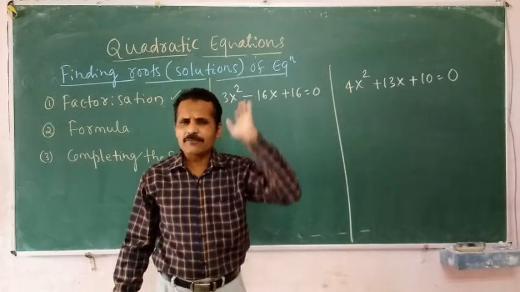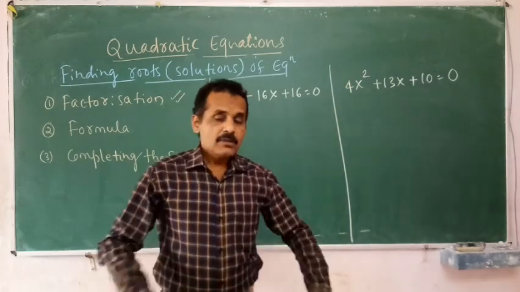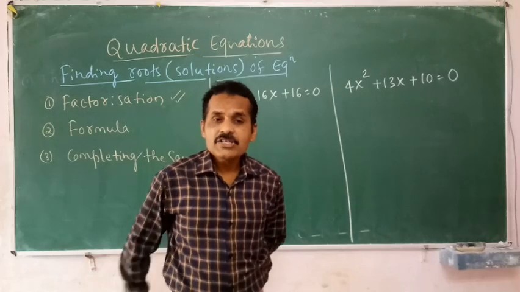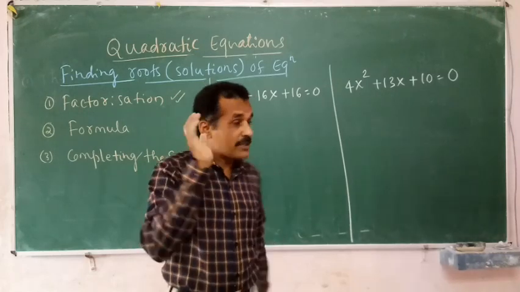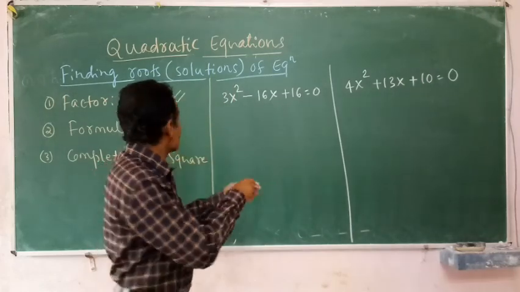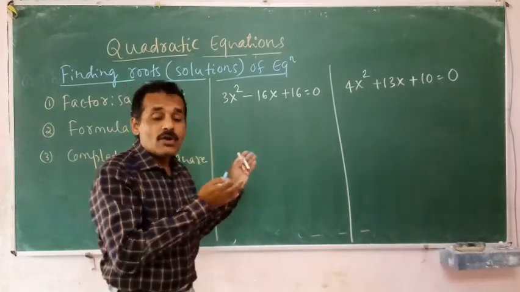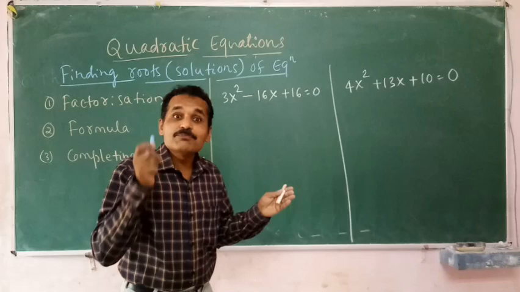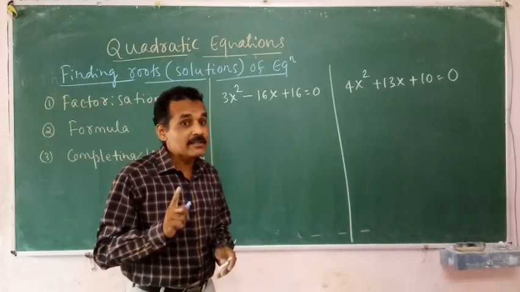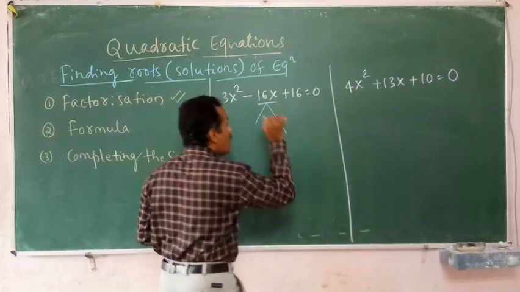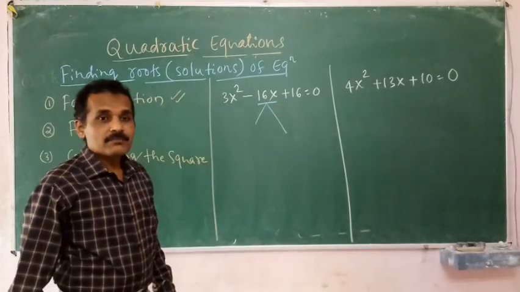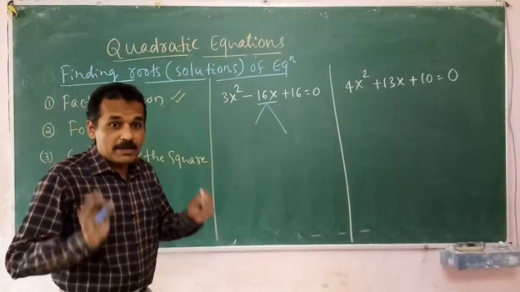Listen very carefully. When the last sign is positive, what is our work? This method is called factorization, or we also call this splitting the middle term. The middle term has to be split into two parts.